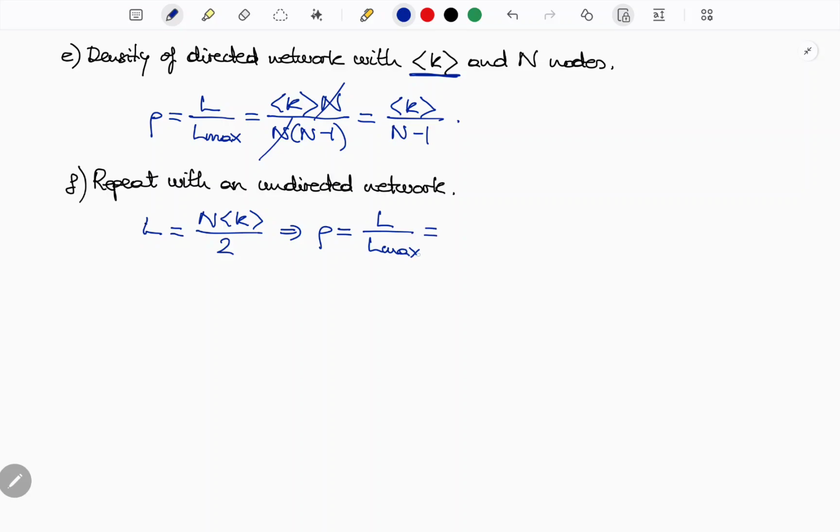But now L max also has this factor of 1/2. So what I find is n times the average degree divided by 2, divided by n times n minus 1 divided by 2. So these two factors cancel out, and these two n's also cancel out, and I have the same expression for a directed and for an undirected network.